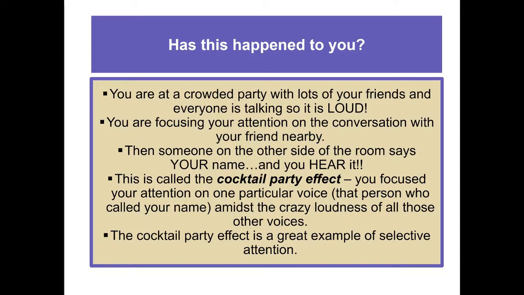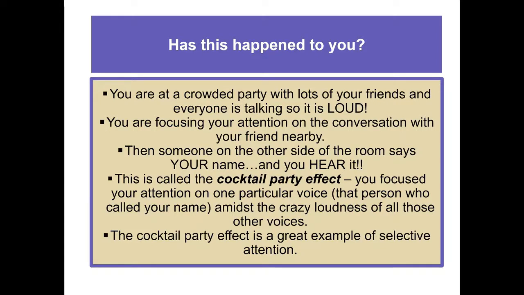And your ability to hear your name, even when you're not paying attention, your brain's ability to detect that, that's a form of selective attention that's called the cocktail party effect. And that's the most common form of selective attention. That's usually what happens when your parents complain about you having selective attention, actually, or your teachers. They're usually referring to the cocktail party effect because it's the most common form of selective attention.